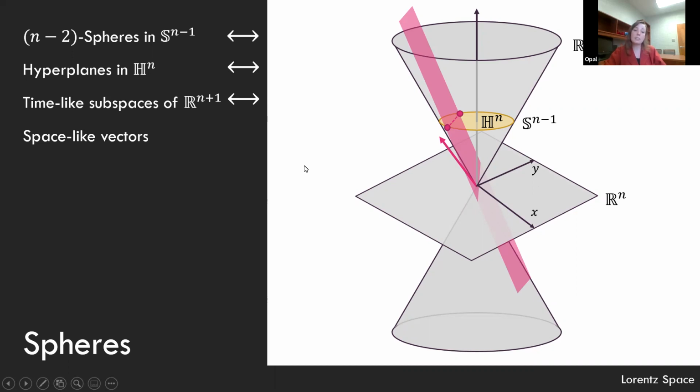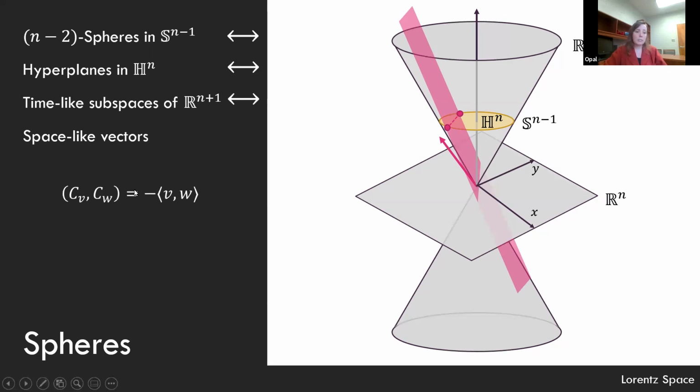There's one positive space-like unit vector that gets picked out from an n-2 sphere in the n-1 sphere because it's Lorentz orthogonal to this time-like subspace here. So we have a nice correspondence: every time we have an n-2 sphere in the n-1 sphere, it can be represented by a positive space-like unit vector.